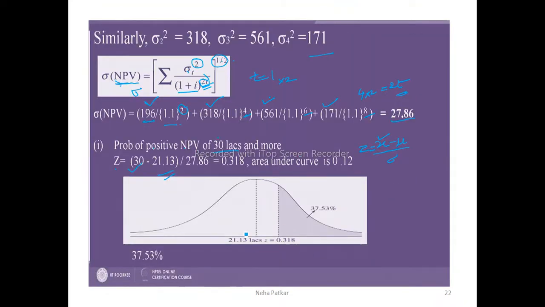Here it is the mean value. So we subtract it from 30, and divide by sigma, which we calculated as 27.86. So the Z value will be 0.318. Now we identify the area under this Z value and calculate the probability percentage, 37.53.